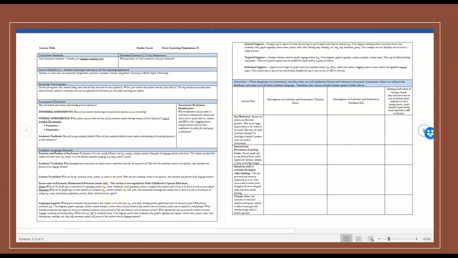They're not necessary. They're there to guide you, but they're not needed for the edTPA. So anything that's in there that's italics, take those out and just leave the things that are in regular script.